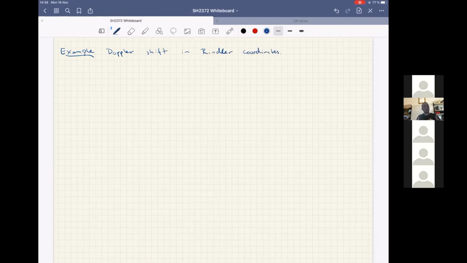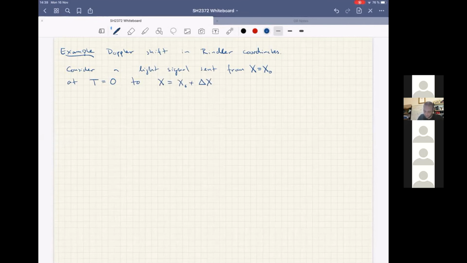So we discussed previously these observers which had constant x coordinates in Rindler coordinates. So we will now consider a light signal sent from x equal to x0 at t equal to 0 to x equal to x0 plus delta x, where delta x is some constant.